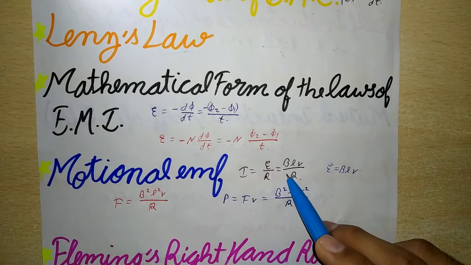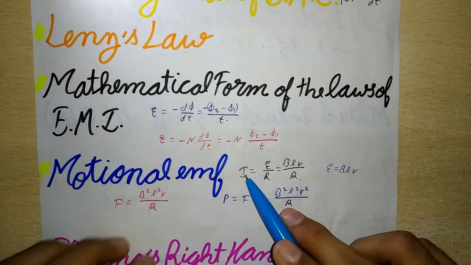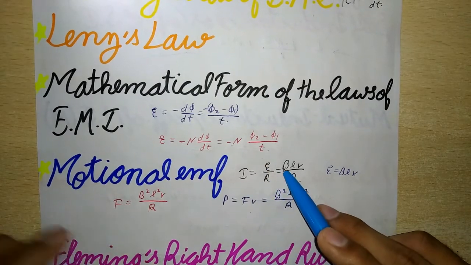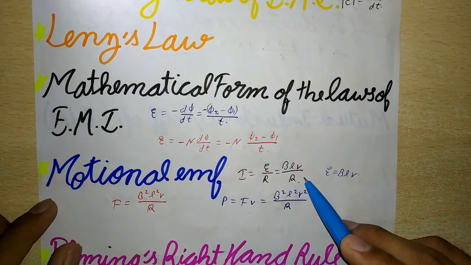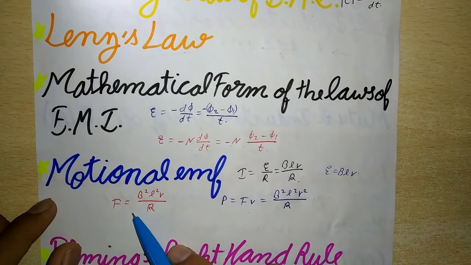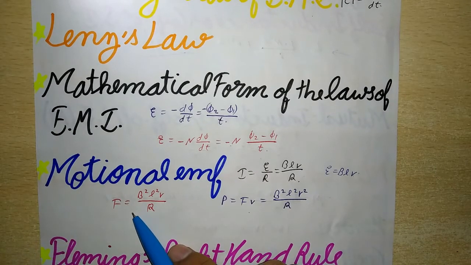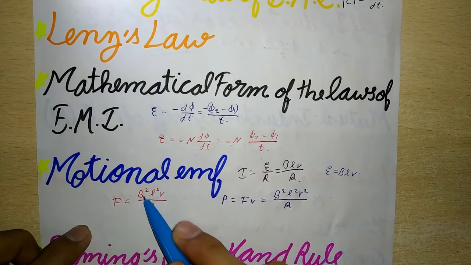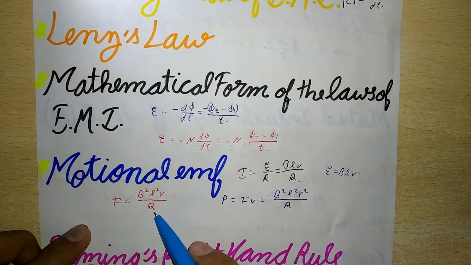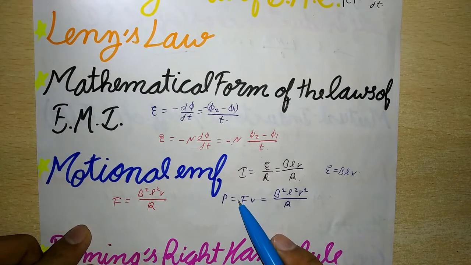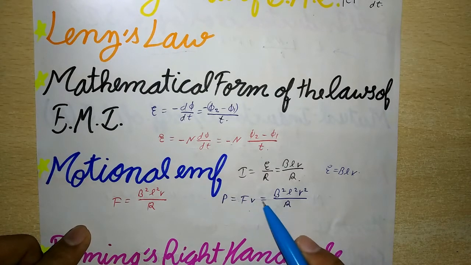And for induced current, capital I is equal to E by R, which is equal to BLV upon R. The force necessary to move the conductor is F is equal to B square L square V upon R. And this is the power dissipated as Joule heating loss: P is equal to F v, which is equal to B square L square V square by R.